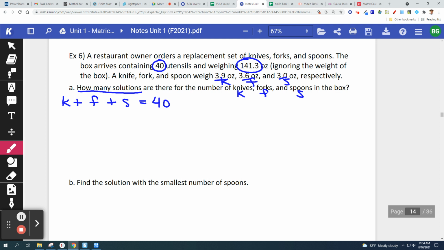When I write this down, keep in mind that with matrices we're dealing with rows and columns, so try really hard to line up your K, F, S, and constant. So I'm going to put 3.9K plus 3.6F plus 3S equals 141.3.